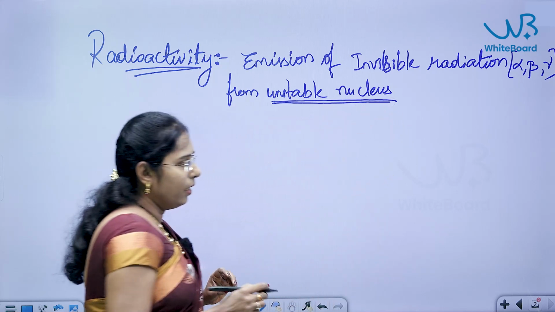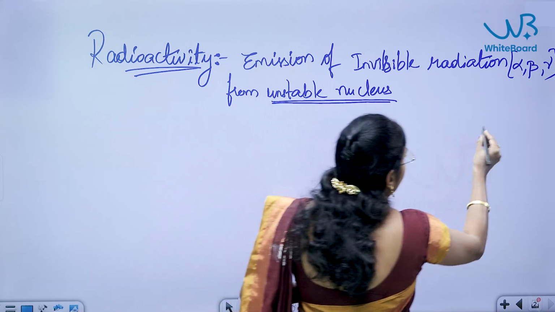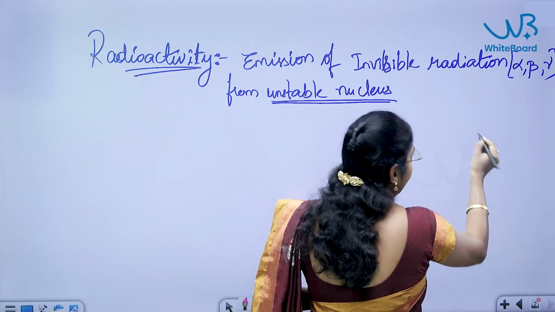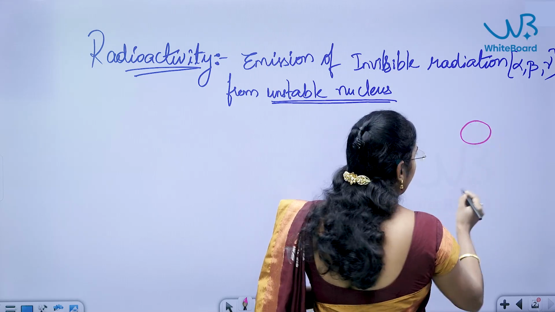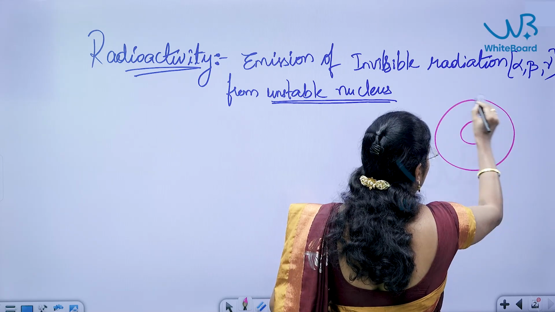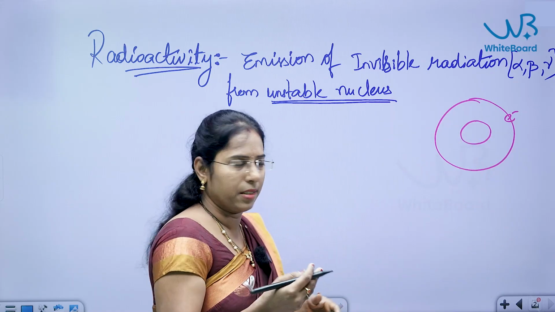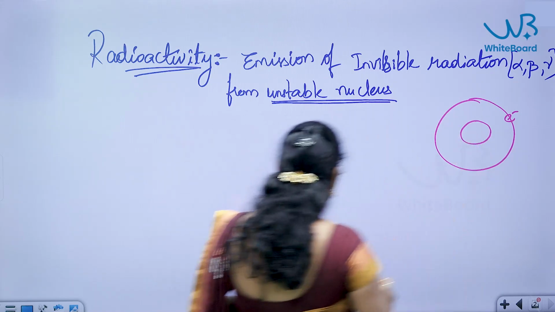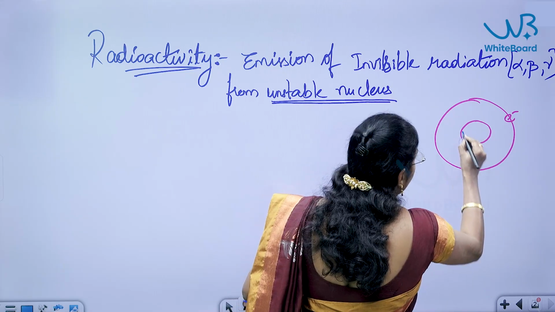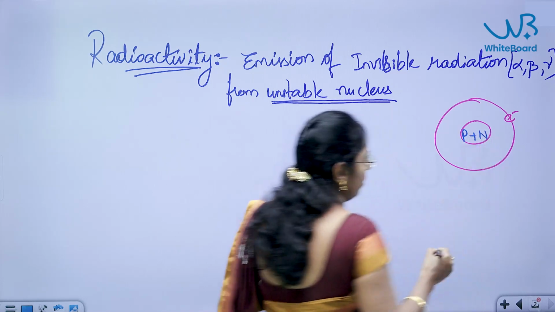Any atom consists of a nucleus, and electrons revolve around this nucleus in their own orbits. The nucleus consists of protons plus neutrons.